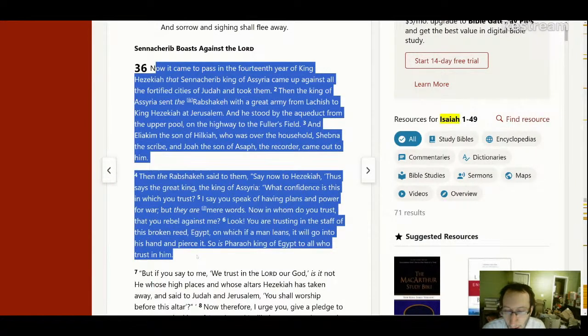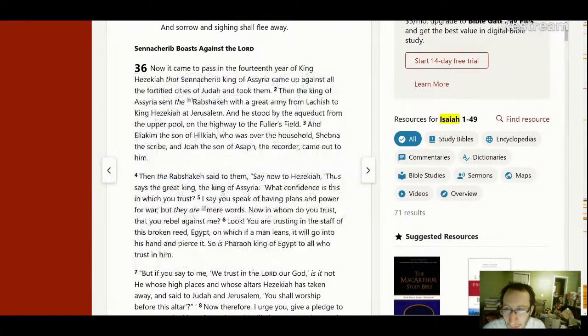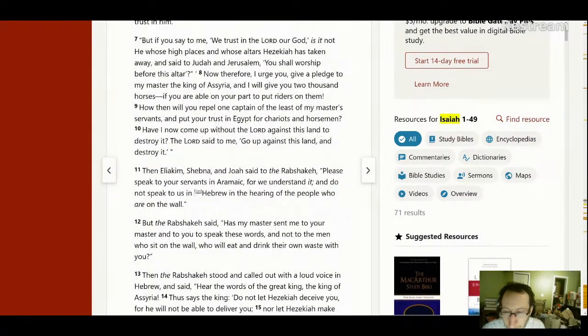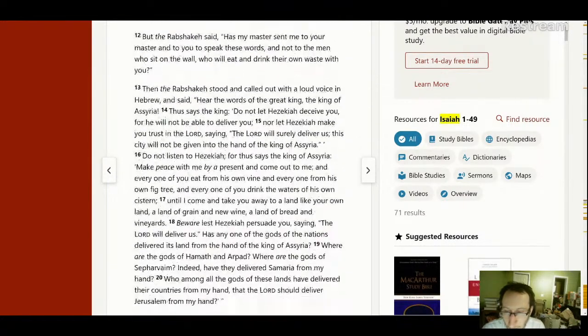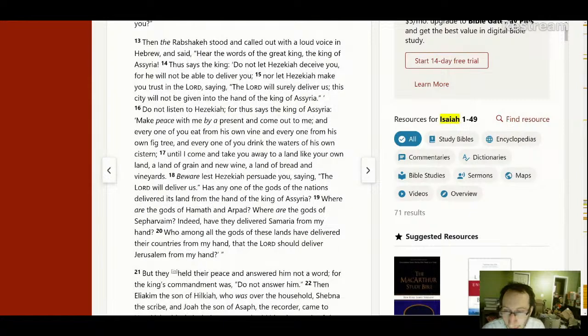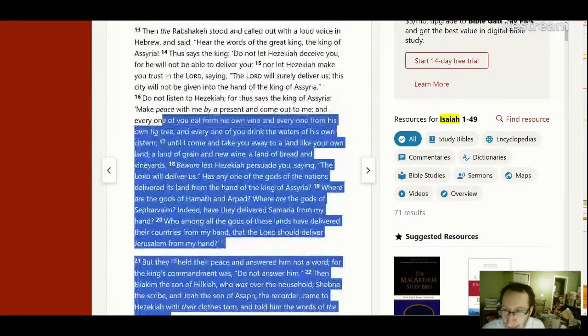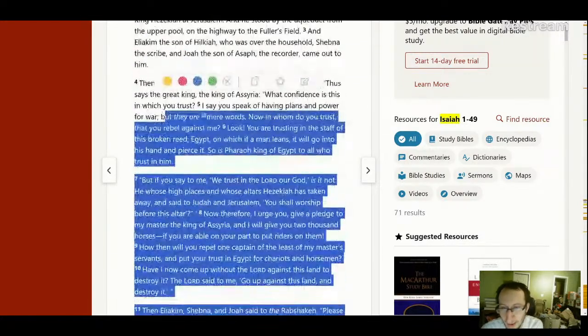This reads like an extract from 2 Kings. Came to pass in the 14th year of Hezekiah. So nothing about this is involving Isaiah at all. If you go, it's all about Hezekiah. So see, all of chapter 36 has nothing to do with Isaiah. It doesn't mention Isaiah at all.